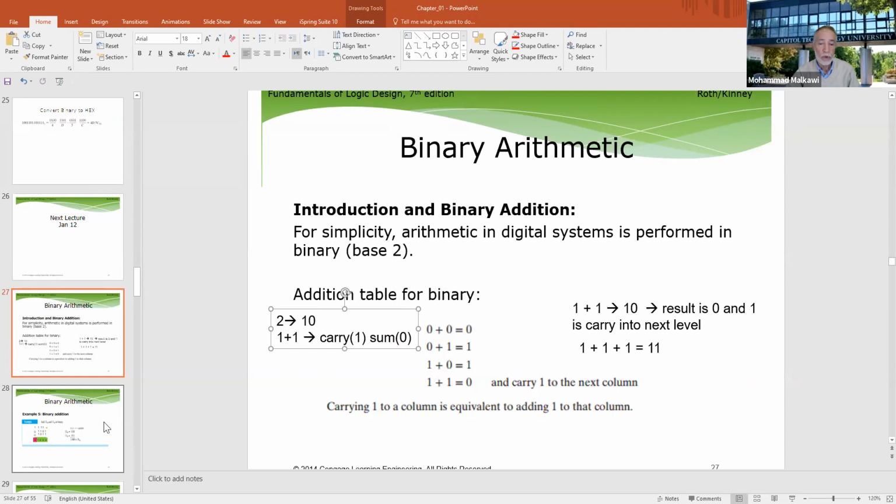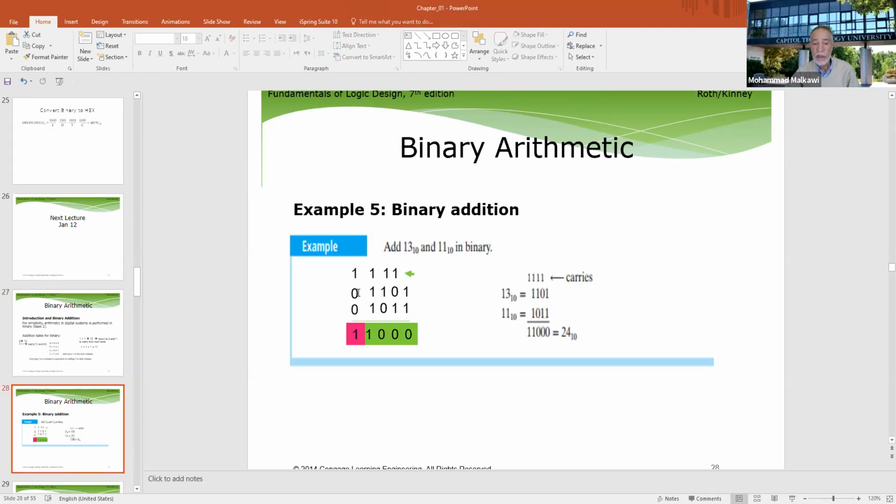So if we do the add, I have these two numbers. Let me rewrite them here. So I am adding, plus, now the 0 is the sign, so I forgot the sign. 1, 1, 0, 1, which is really 13 in decimal.